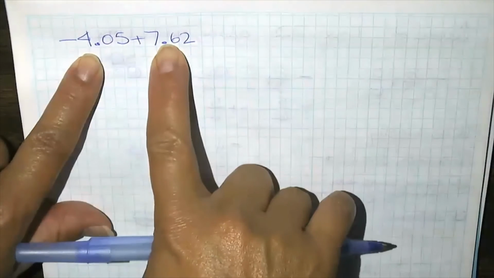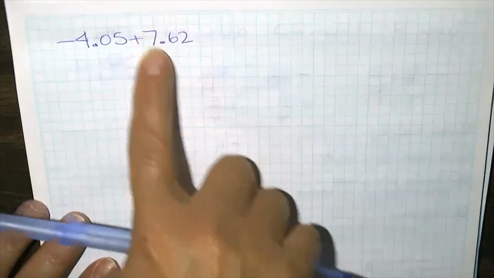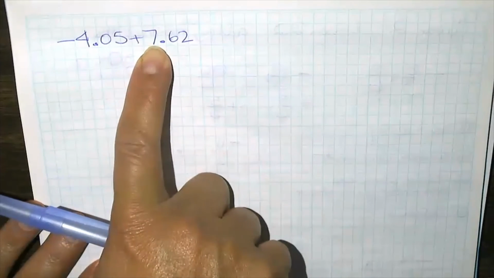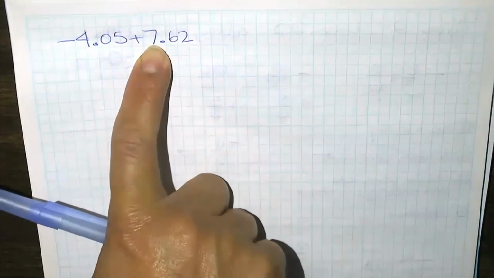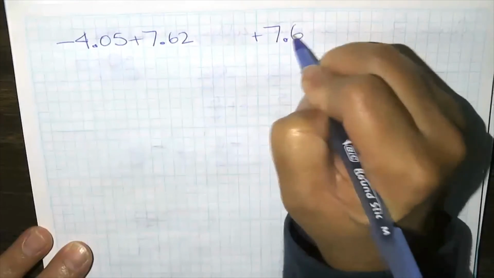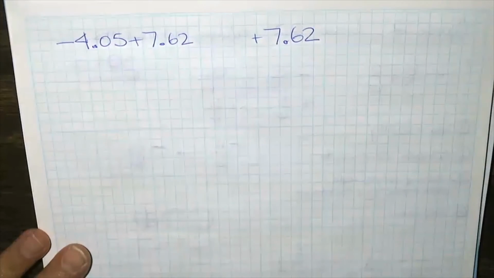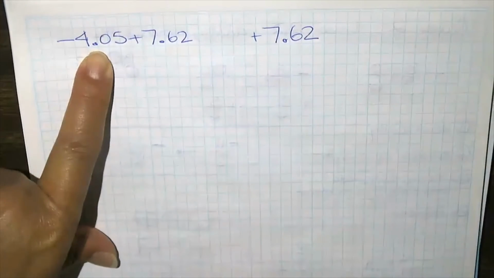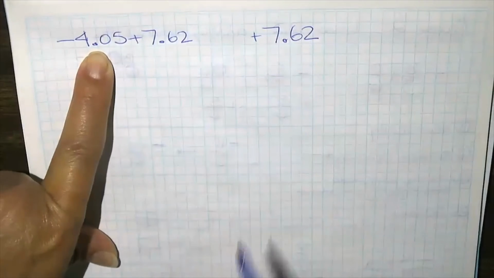So when I look at these two, I'm going to ignore the signs. This one definitely has the largest digits. This is the largest number. I'm going to put it on top. So I have +7 and 62/100. Now I have a negative.